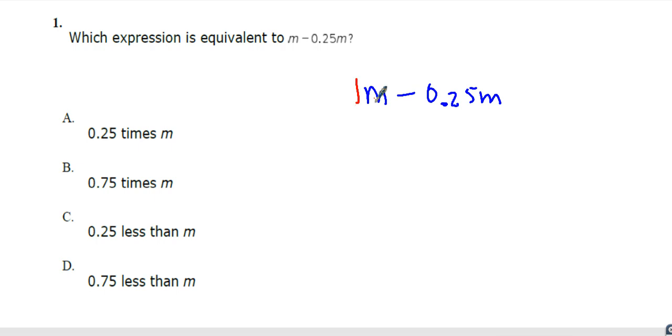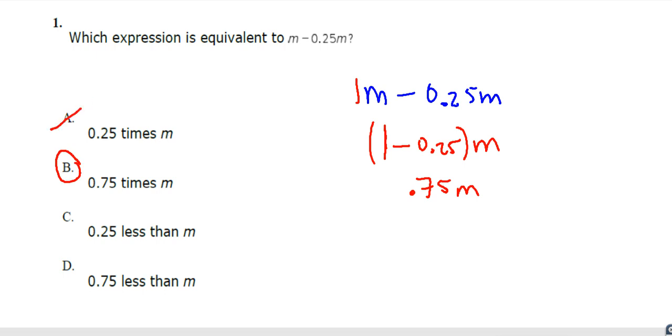So this really means 1m minus 0.25m would just be 1 minus 0.25 and then put the m back. So 1 minus 0.25 is 0.75m.